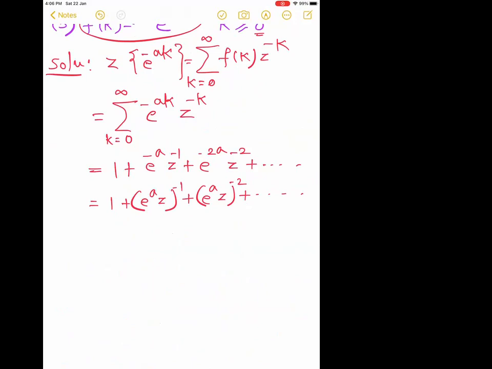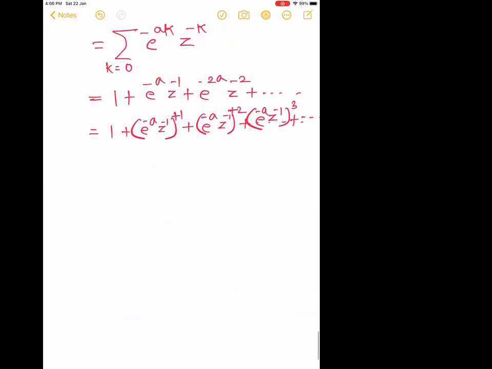If it is there, then this will be better. So we can have e raised to minus a z raised to minus 1 raised to 1. We will make it e raised to minus a z raised to minus 1 raised to 2. Third term will be e raised to minus a z raised to minus 1 raised to cube. I can write it like this. So that will be your series of increasing powers of e raised to minus a into z raised to minus 1, which is a geometric progression with common ratio. With common ratio what?